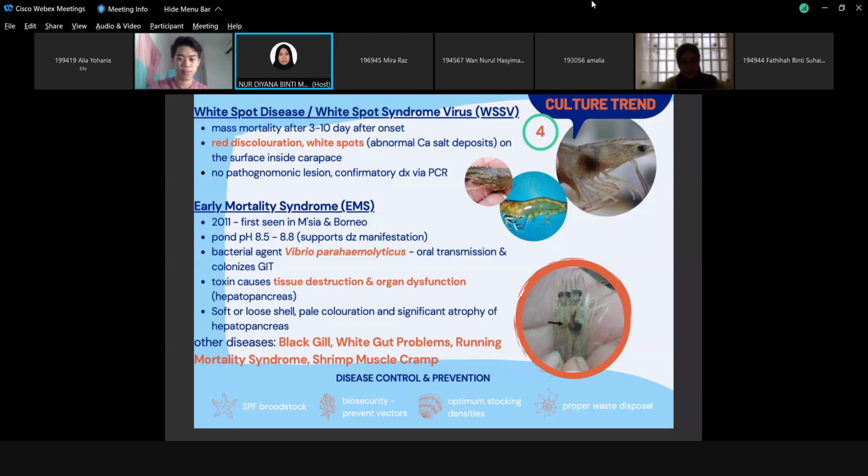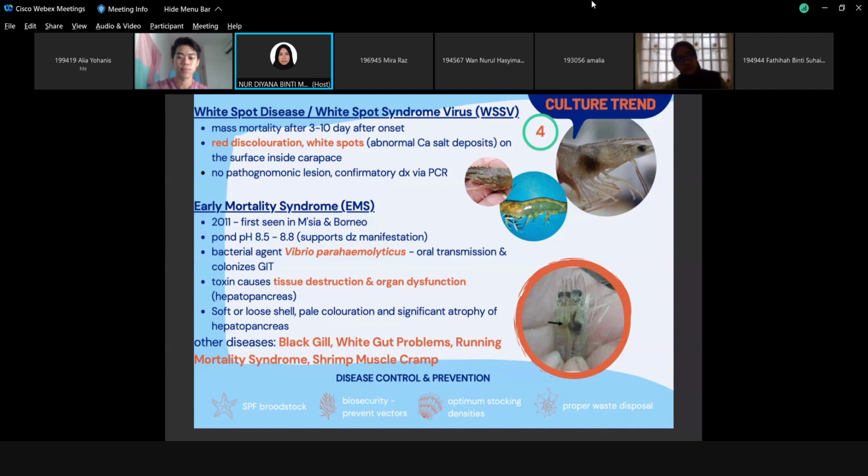For your information, SPF broodstock is specific pathogen-free broodstock. In Malaysia, we obtained our first batch from Madagascar. Those broodstocks are pathogen-free, so that when they want to breed the shrimp, they can control the breeding and keep it free from diseases.